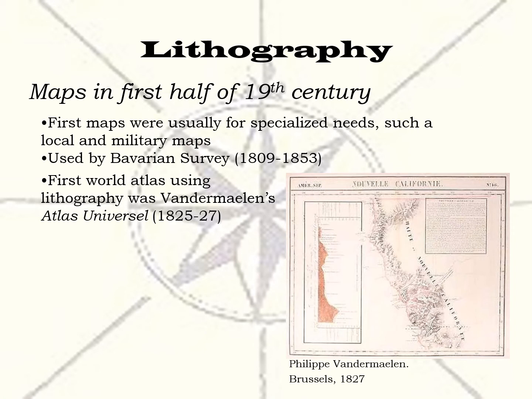There were a number of lithograph maps made about 1808 during the Napoleonic Wars, and then the Bavarian Survey used lithograph maps from about 1809 to 1853. Interestingly, the survey actually hired Senfelder as its superintendent of lithographic printing in 1809. The first world atlas made using lithography was van der Meulen's Atlas Universal from 1825 to 1827.